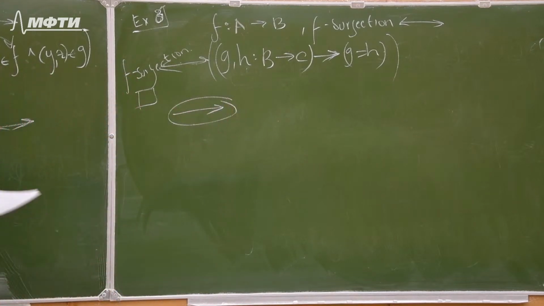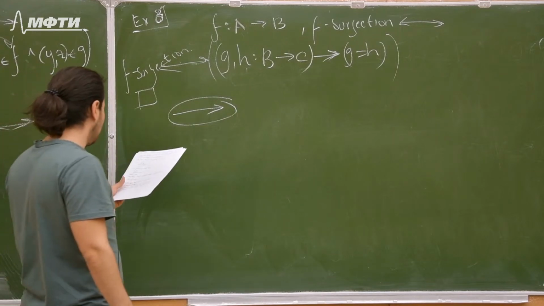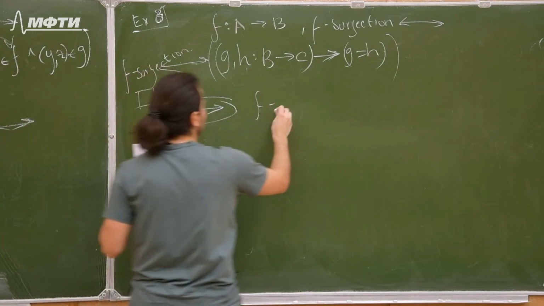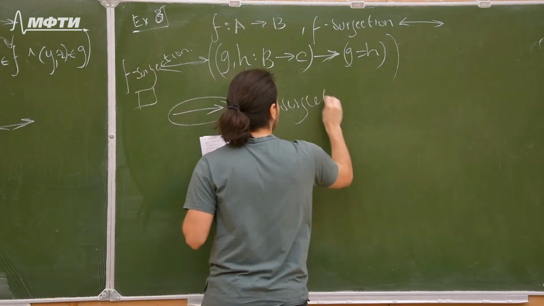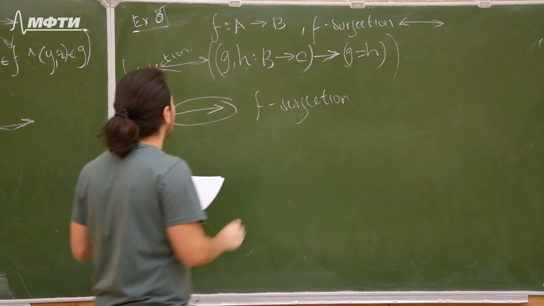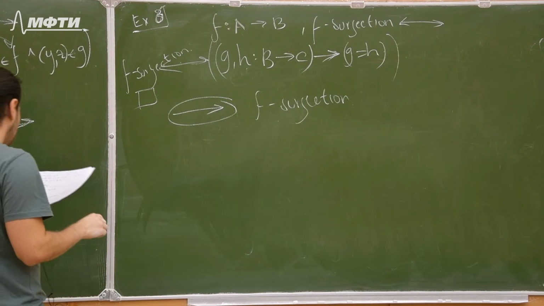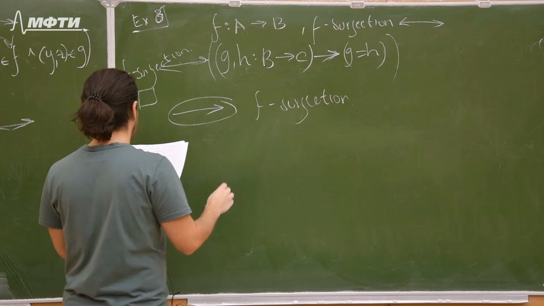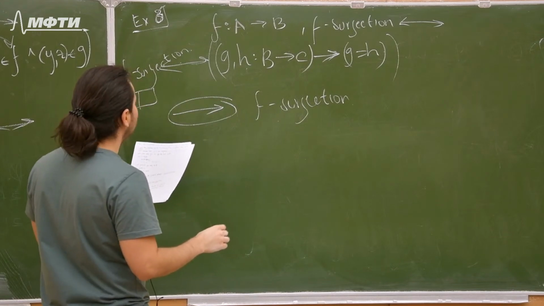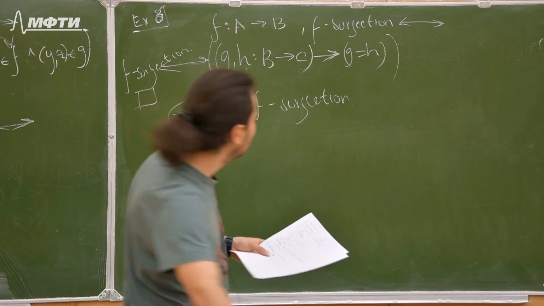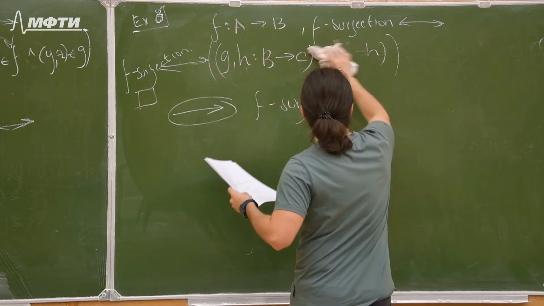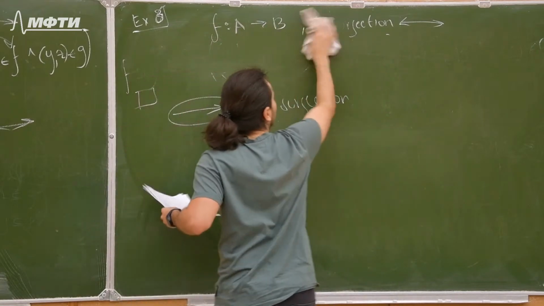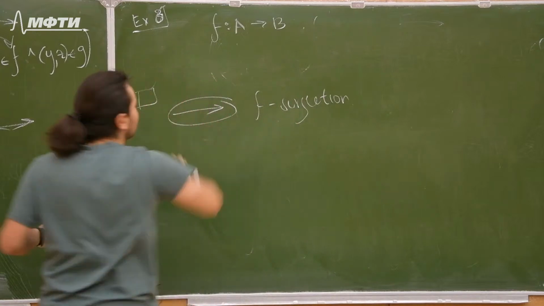So let's assume that we have that F is a surjection, and we have that, wait, I forgot something. Yeah, I forgot the main thing here. No, let me rewrite this. The implication is not like that.